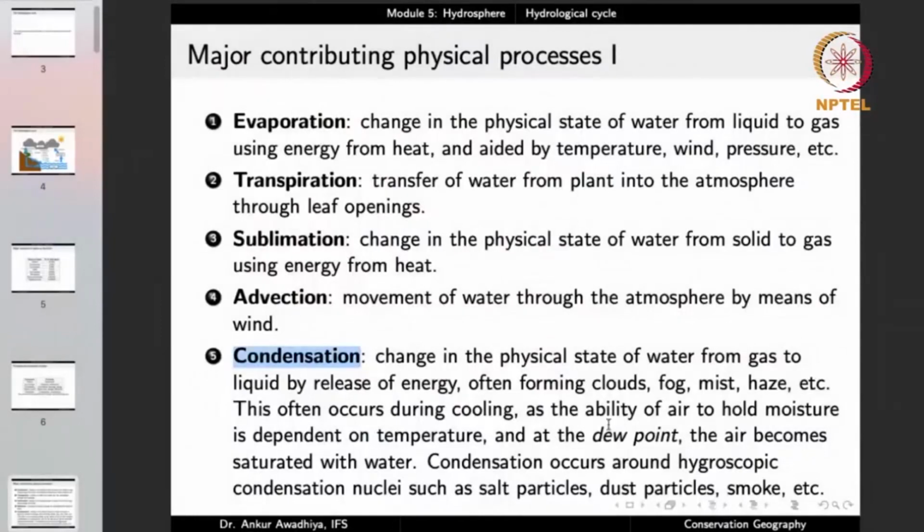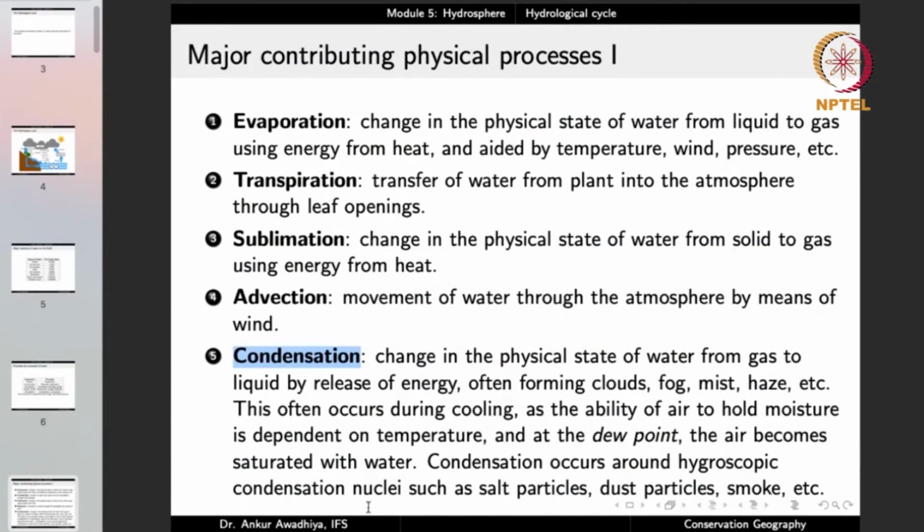And beyond this point, the moisture has to be lost from the air because it does not have any further capacity to hold this moisture. So this loss of moisture will happen through the process of condensation. So in condensation, this moisture in the form of water vapor will be converted into liquid water and it will be shed out of the air. And this happens when the temperature is at the dew point or below the dew point.